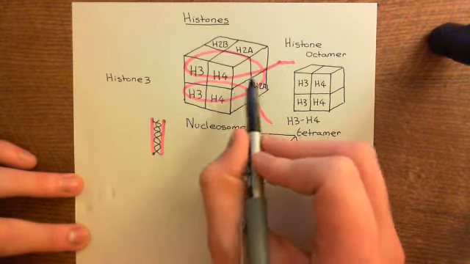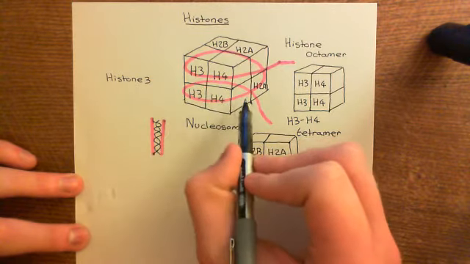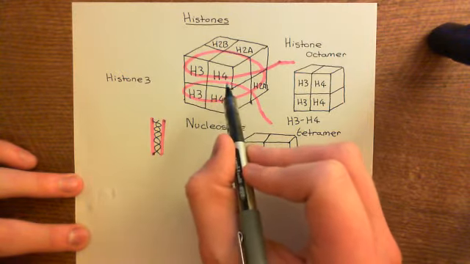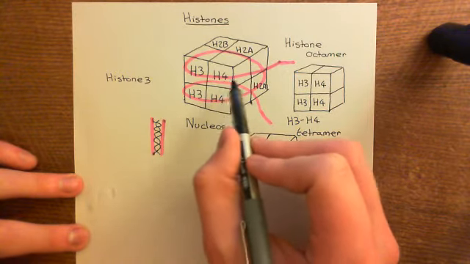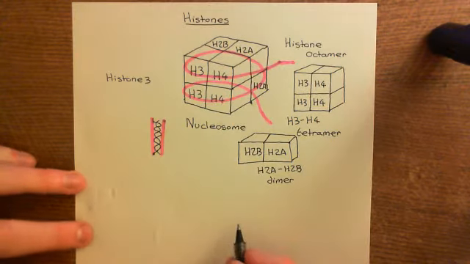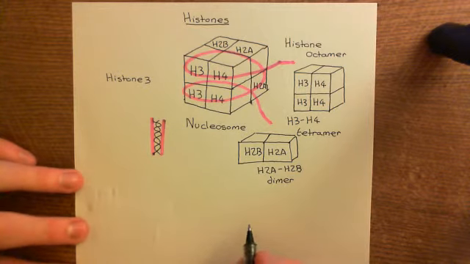So by loosening the DNA around these histone octamers, you can increase the expression of the genes within this stretch of DNA. Okay, so how do you loosen the DNA that is wrapped around a histone octamer? Well, if you acetylate the histone proteins, this leads to the DNA loosening around the histone octamer.